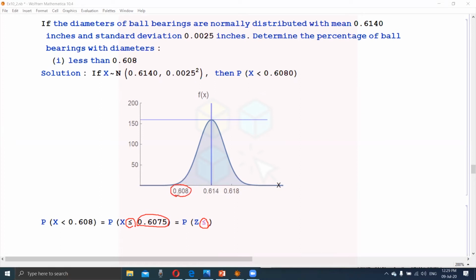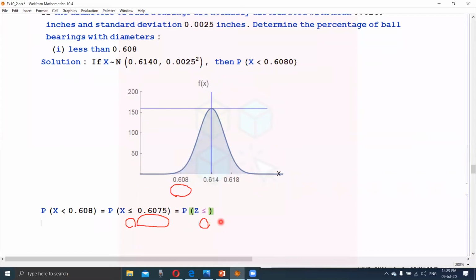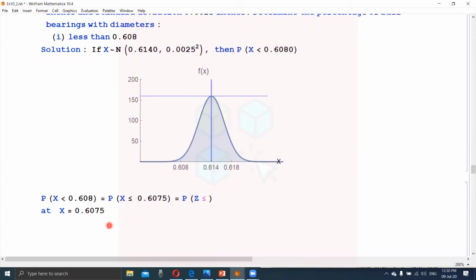Now we will find the z-score at X equal to 0.6075. Z is equal to X minus mu over sigma.